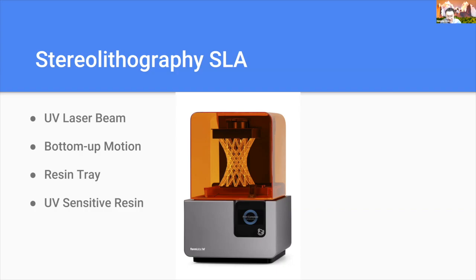And what that does is that allows you to layer by layer create very thin 3D solids that, when you move the print bed continuously layer by layer upwards, you end up with a 3D printed object. This particular SLA 3D printer uses bottom up motion, and some SLA 3D printers also have top down. We'll come back to that later.